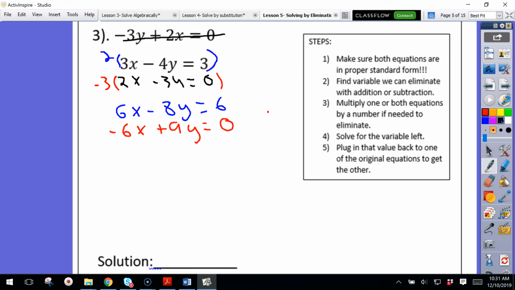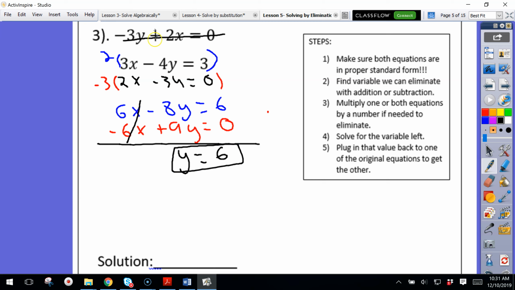Now what we're going to do is combine like terms. And the x terms cancel out, which was the whole point. And then we have negative 8 plus 9. That just gives us 1y equals 6 plus 0, which is 6. So our y is equal to 6.